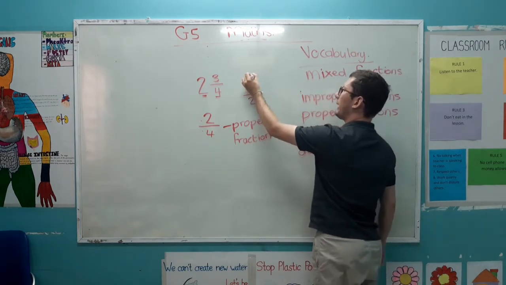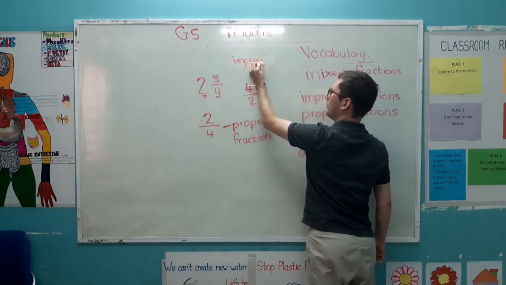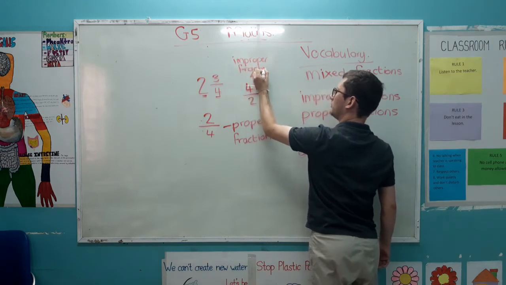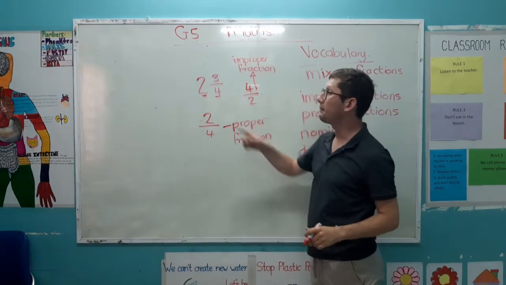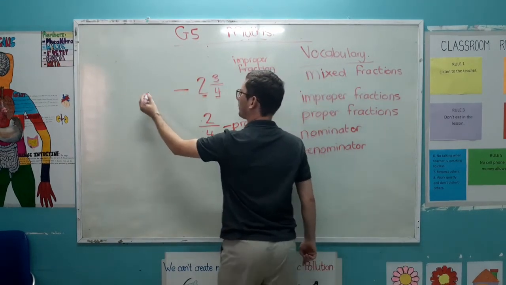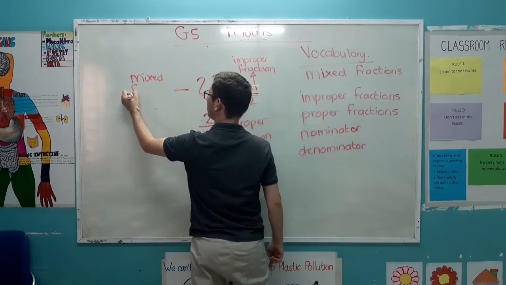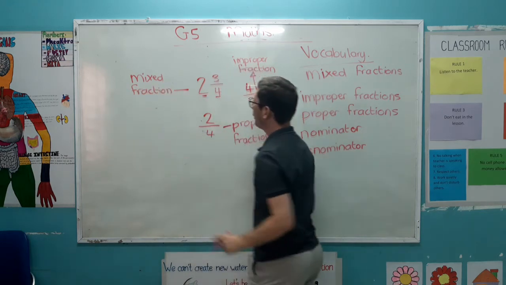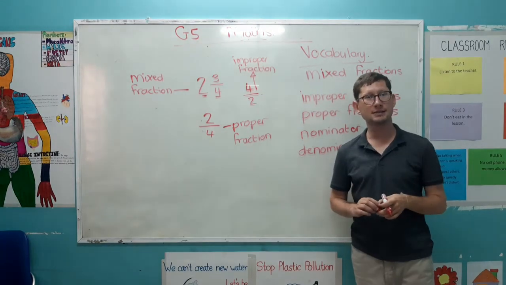This one would be an improper fraction. Okay, and this one would be a mixed fraction. So you see the difference between these three types of fractions?